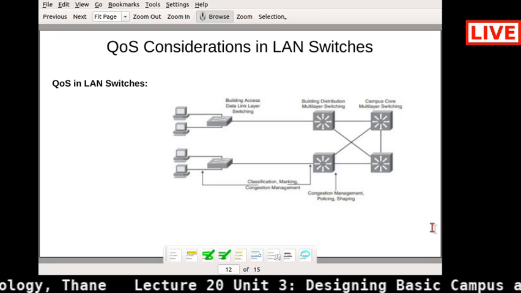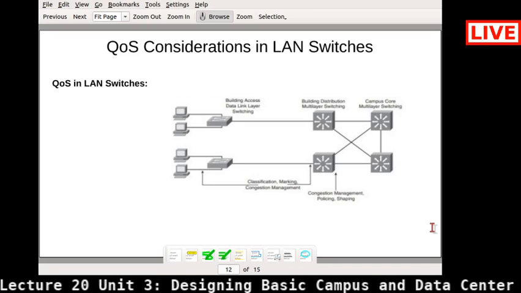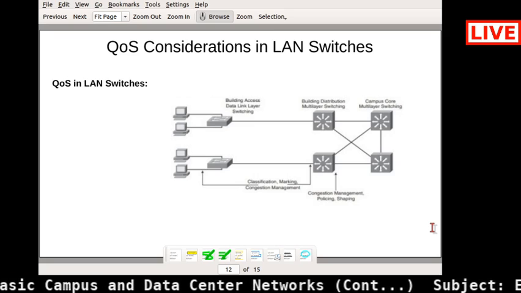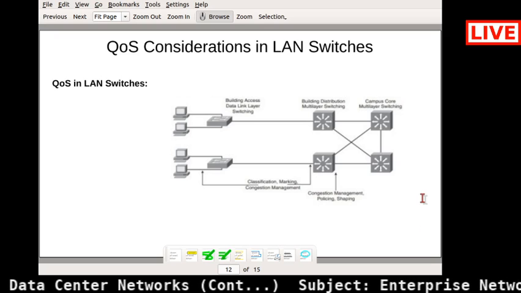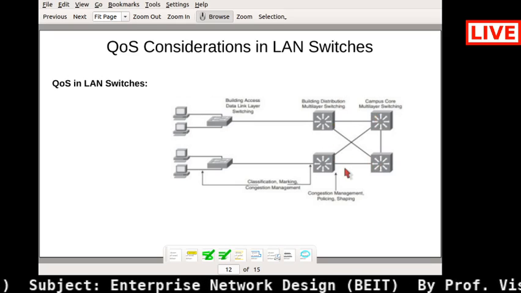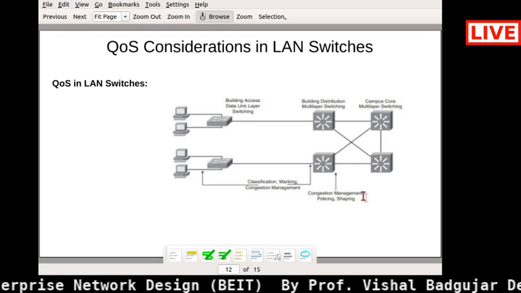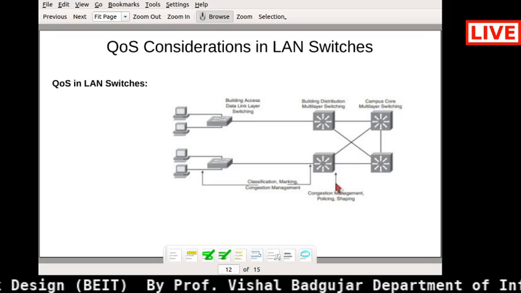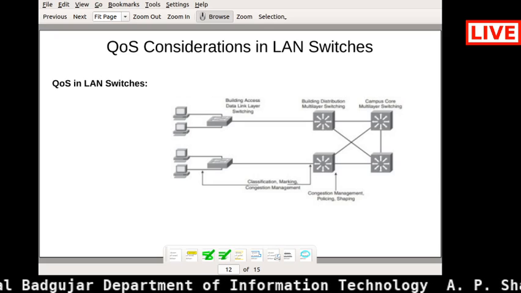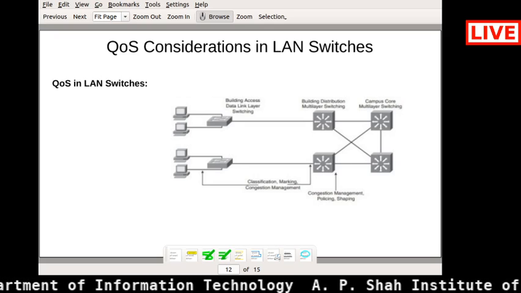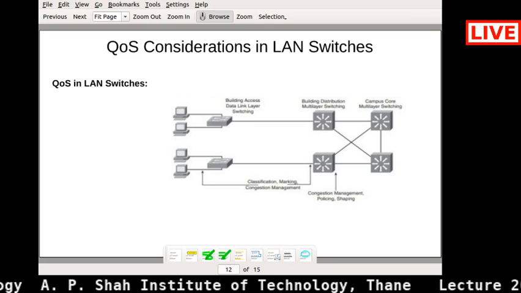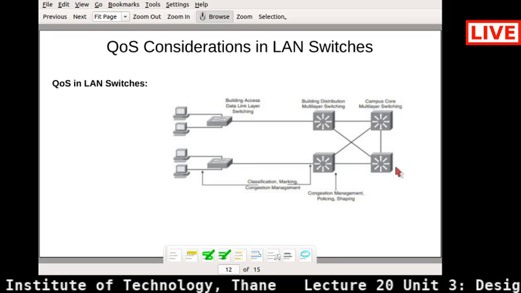The classification, marking and congestion management are done in the distribution multilayer switching, because we need to provide these QoS parameters. Multilink redundancy is also there, so that all the packets transferred from the sender are received at the receiver's end. That is how QoS can be maintained, and we can use this in these LAN switches also.